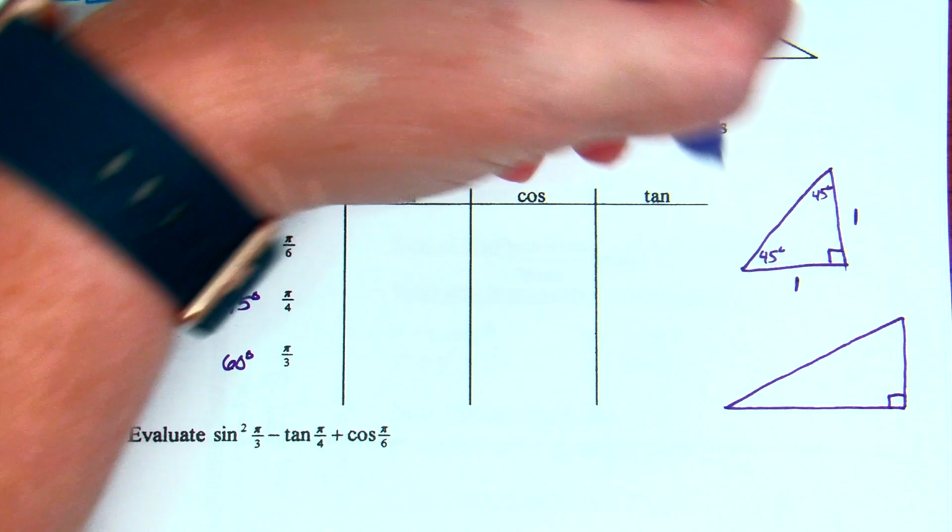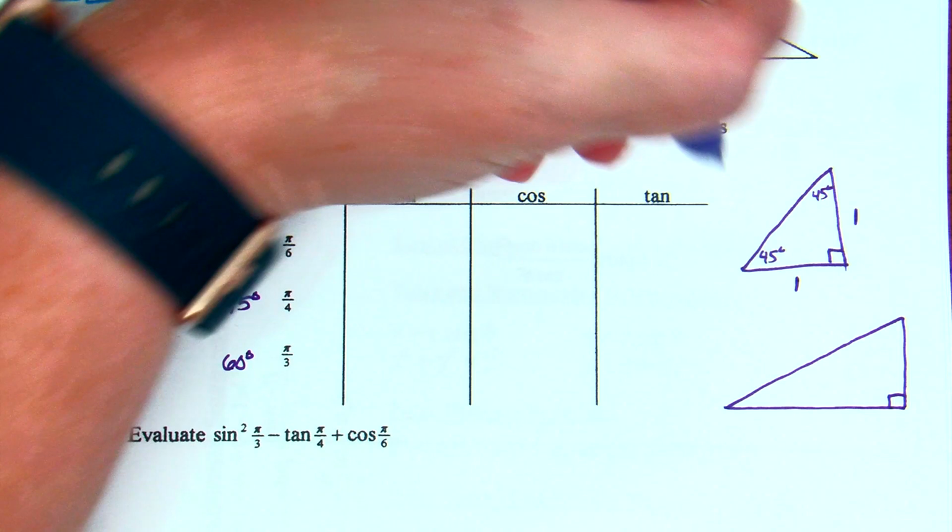The hypotenuse is twice that. And the long leg is square root of 3 times the short leg. Okay? So those triangles, you should be able to come up with those. And those can fill in your chart if you have to. But I would get to the point where you just know the chart, right?